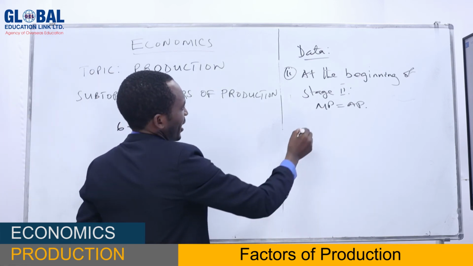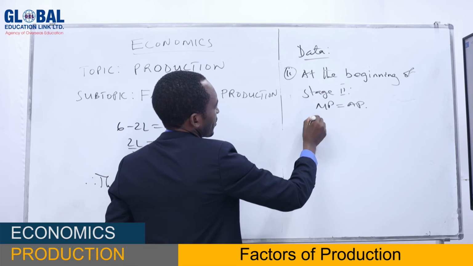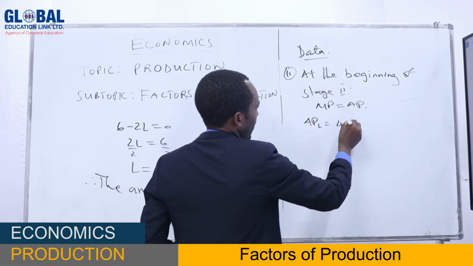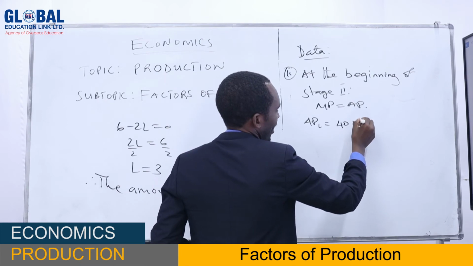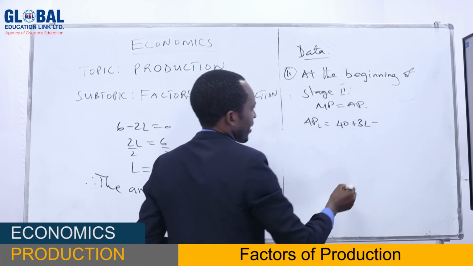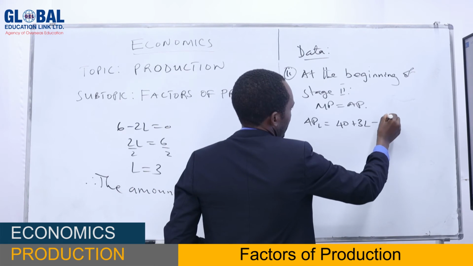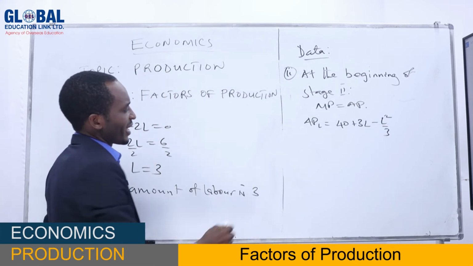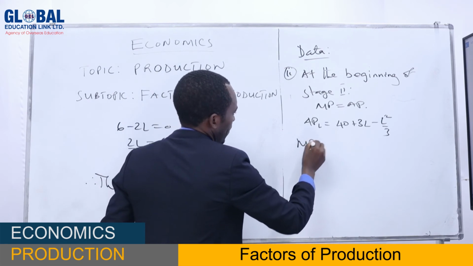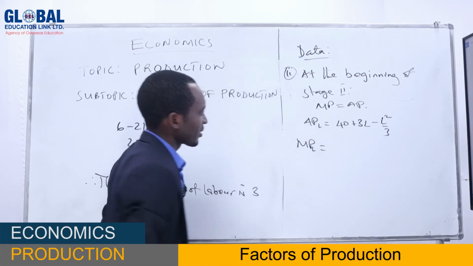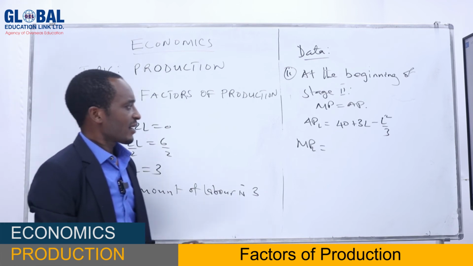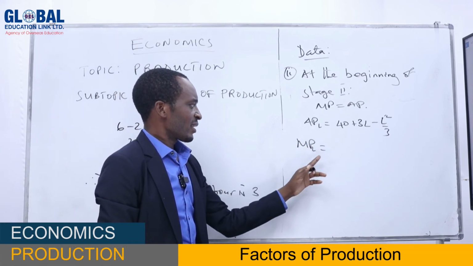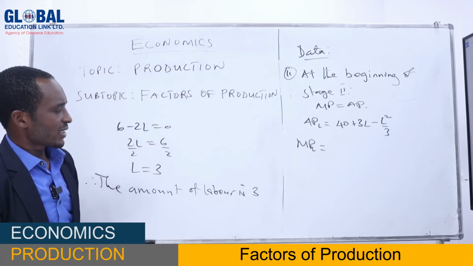We are given the average product of labor as 4 plus 3L minus L square over 3. And the marginal product of labor, this we obtain by differentiating the total product.